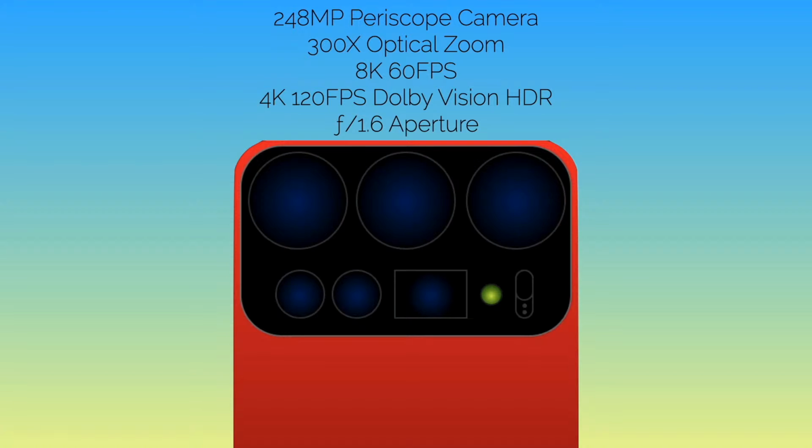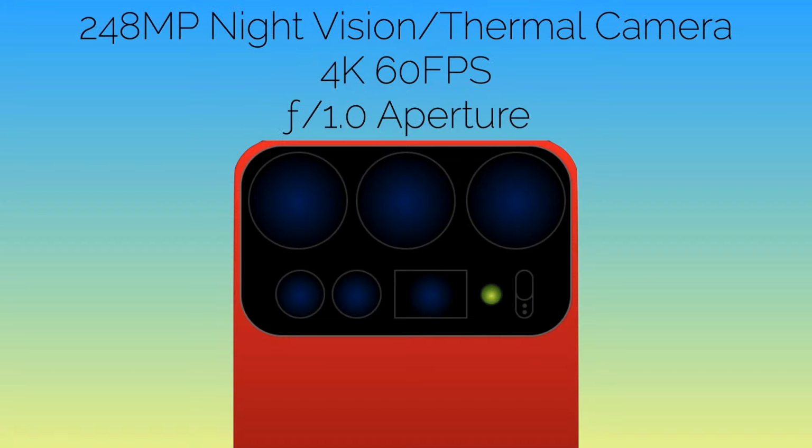We have a similar camera for a periscope with an f1.6 aperture and a 300x optical zoom. This combines together with the telephoto to do a total of 500x optical zoom. And we have a night vision / thermal camera with an f1.0 aperture and 4K 60 FPS.